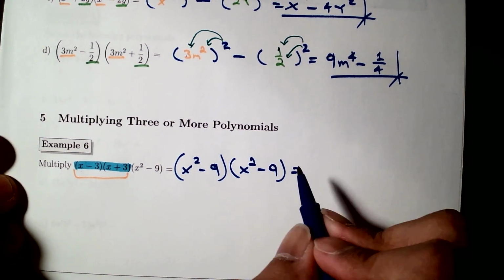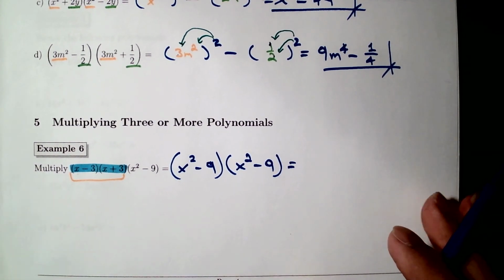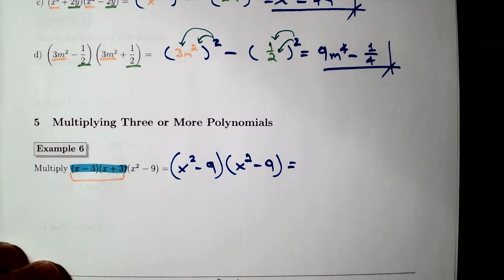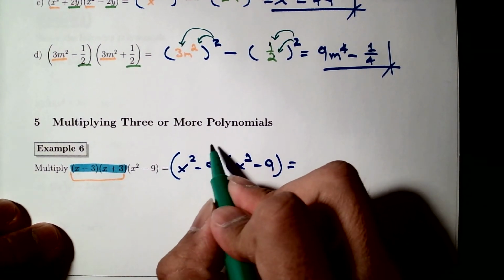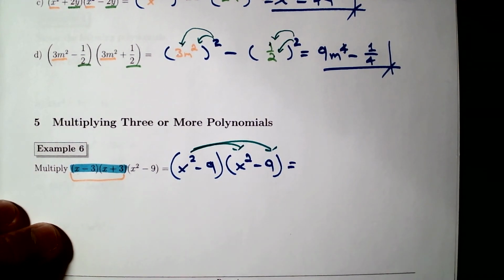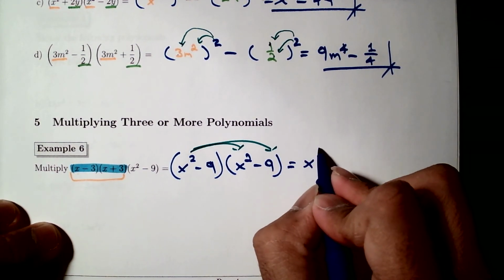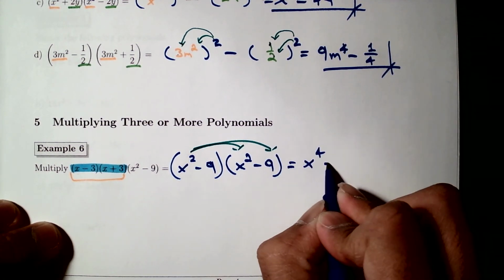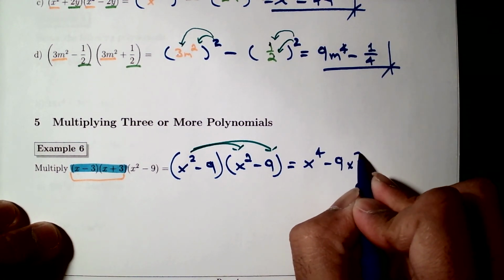Okay, and in this case, there are two ways we can go about this one. You can do FOIL, or you can square the binomial. Well, if you want to do the FOIL, that's fine. x squared times x squared, that's x to the 4th, and then x squared times negative 9, that's negative 9x squared.